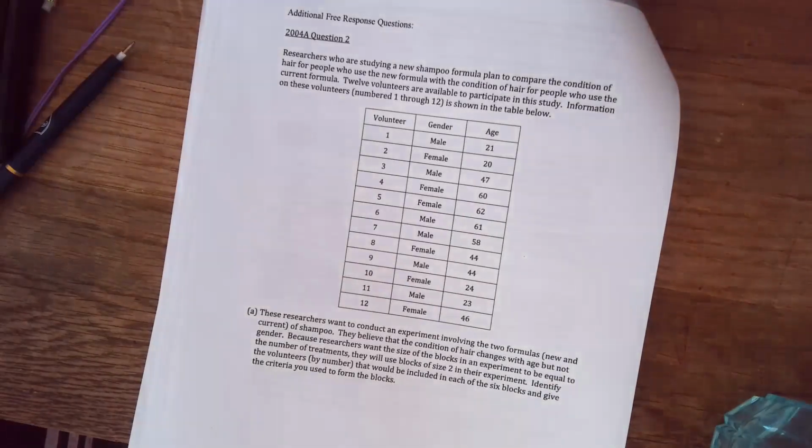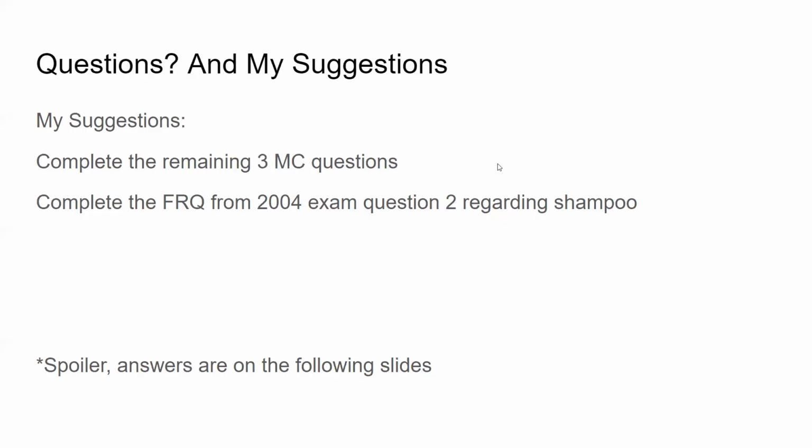And go ahead and pause the video while you finish those 3 multiple choice questions and give that free response question a try. And then on the back end of these slides, I've got the answers to those. So go ahead and pause now, try those, and then come back and get the answers.